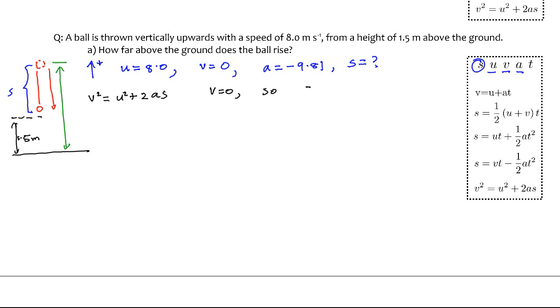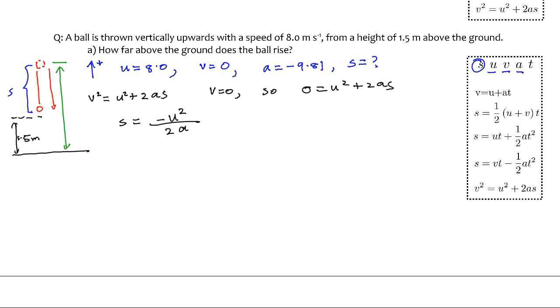So we can say 0 is equal to U squared plus 2AS, and then S I can make the subject, and that would be minus U squared divided by 2A. That's what happens when I make S the subject of the equation.